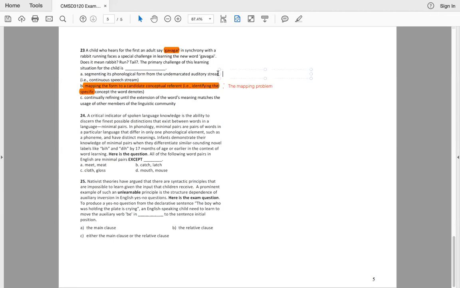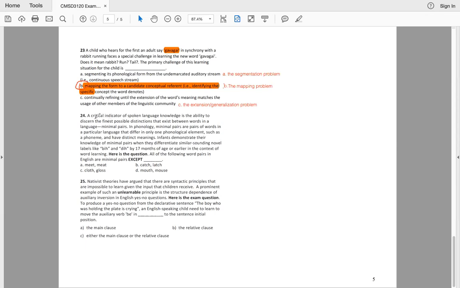The first one, A, the segmentation problem. And C, the extension problem, or generalization problem. So the answer is B.